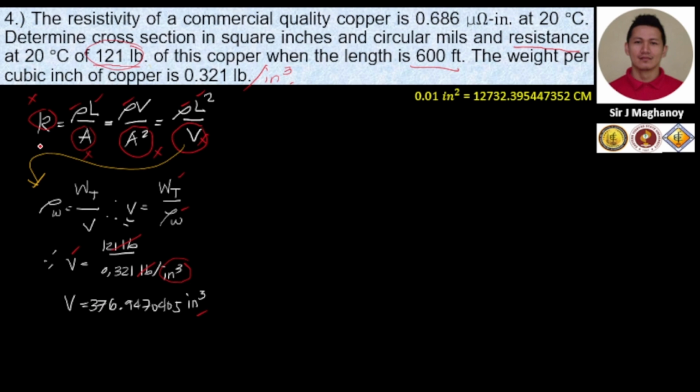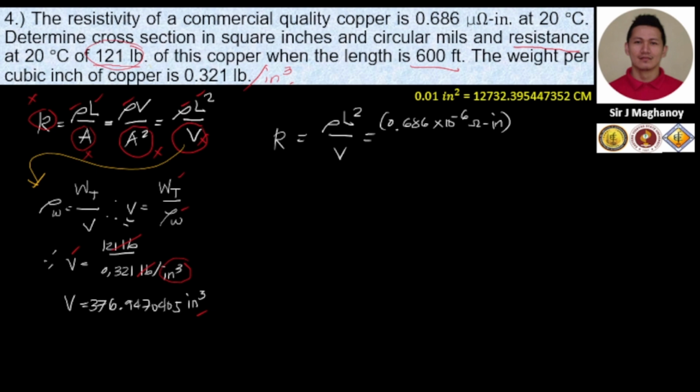Now that we have our volume, we can determine our R right away. Using our formula, R is resistivity times the square of length all over the volume. Resistivity is given, that is 0.686 times 10 raised to negative 6 ohm-inch.